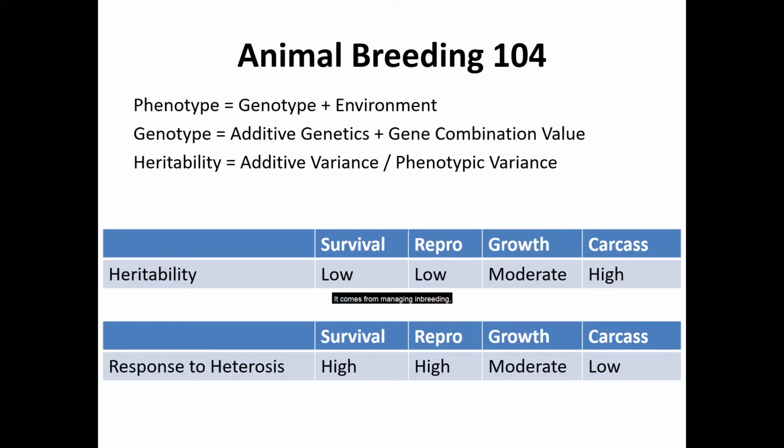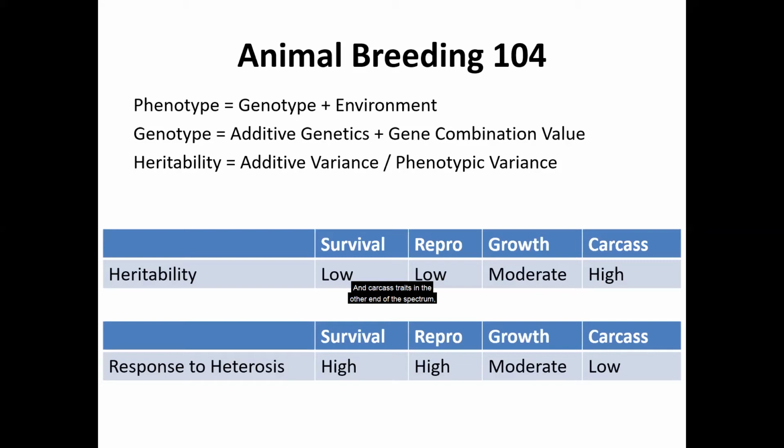So for lowly heritable traits, we have a valuable tool in heterosis. How do you get heterosis? It comes from managing inbreeding, which in many cases means crossbreeding. And also certainly managing the environment, which is a significant contributor to those environmental effects too.